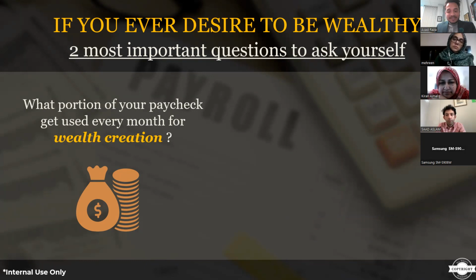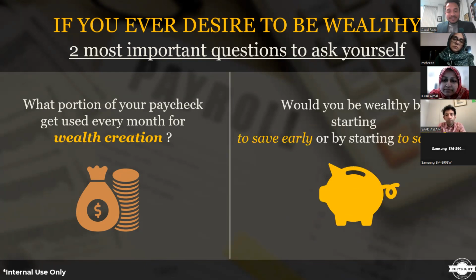Many people might not even save anything, right? That's the first important question that we need to answer. What portion of our paycheck is going for our family? Second question is, if nothing is going, when are we going to decide? Whether we're going to decide early or deciding late. Because if we decide early, we have time on our side. If we decide late, then we don't have time on our side, right?